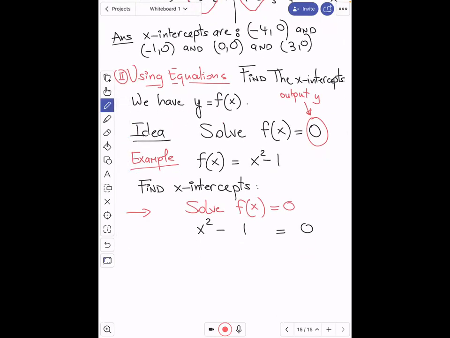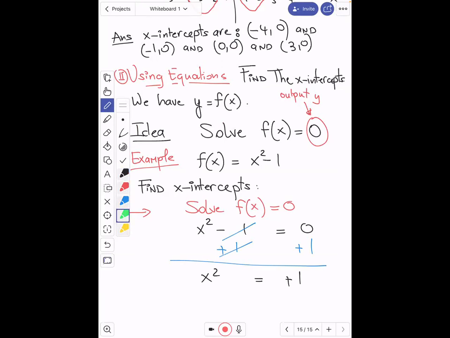So you're going to get rid of the minus 1. So plus 1 both sides. So then your x squared would be positive 1. Now, this is not x, it's x squared. That's different. So you need to get rid of the square. And the way to get rid of the square is to apply the square root, of course.